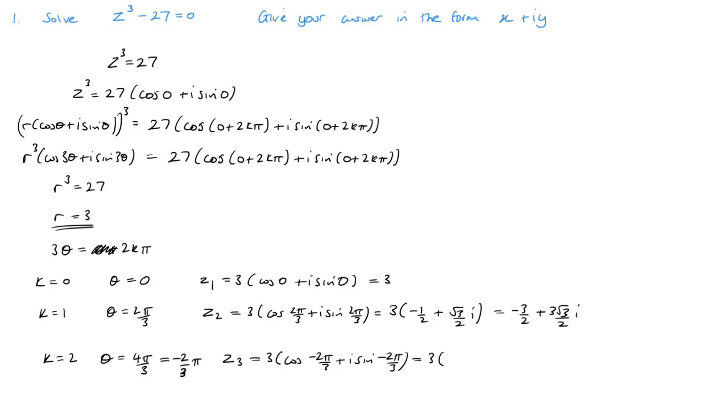And that's going to be 3 times minus a half minus root 3 over 2 i. So that's going to be minus 3 over 2 minus 3 root 3 over 2 i. So those are my 3 solutions to this one. So that's question 1 done.